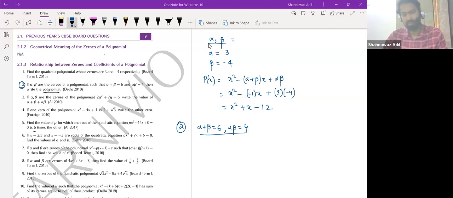Yeah. So what is the equation or the polynomial, guys? What is the polynomial? So we will start with the basic one, right? Yes, everyone, what is the polynomial?